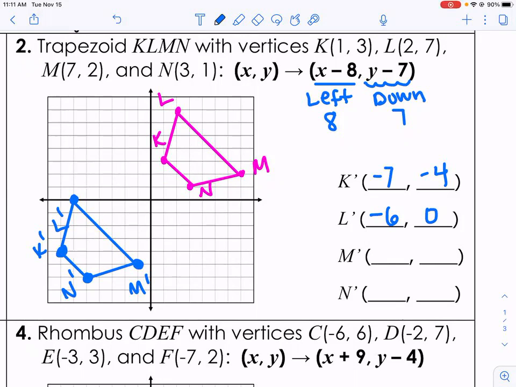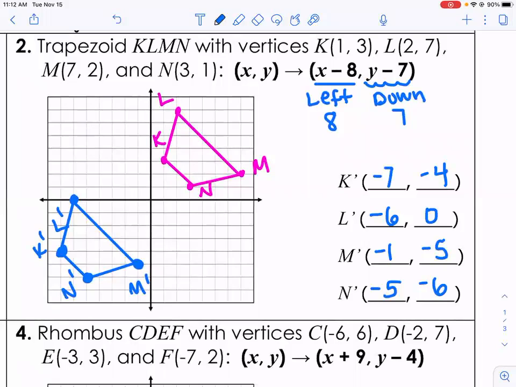For M prime, it looks like from the origin, we go left 1 and down 5. And then for N, from the origin, we need to go is that 6? I think it's 5. Oh, 5. I was guessing. -5, -6. Okay.